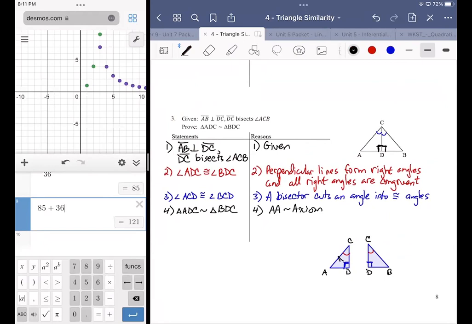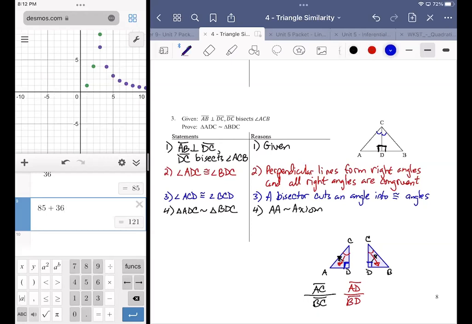So the sides opposite angle D would form a ratio: AC over BC. Then the sides opposite the two angles that we determined were congruent. So angle C, that would be AD in ratio with BD.